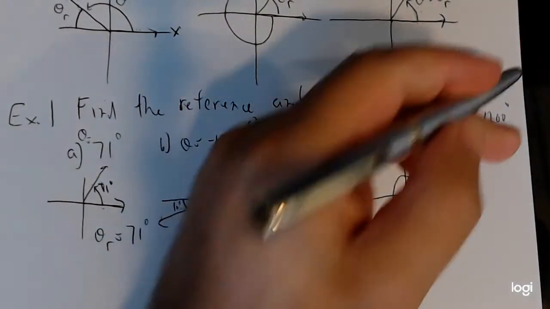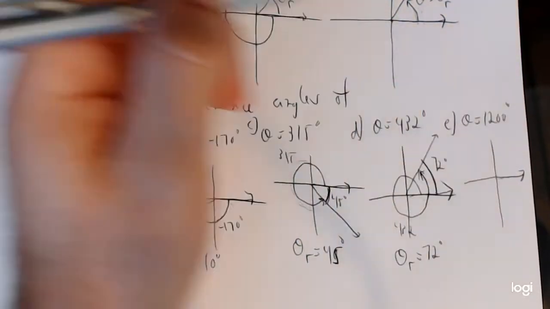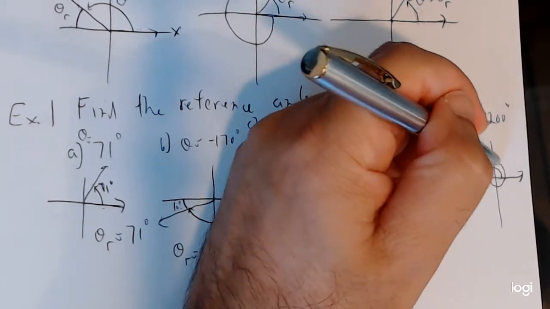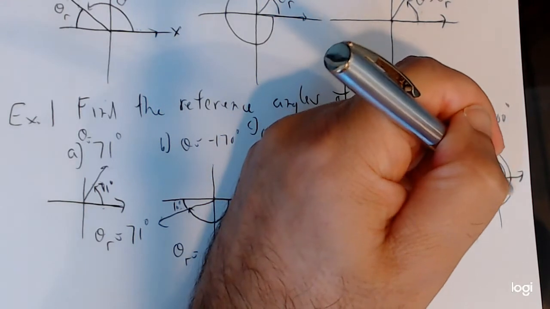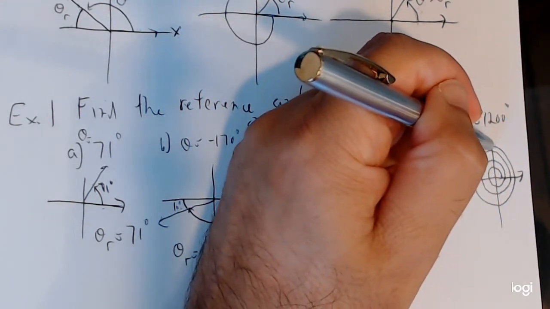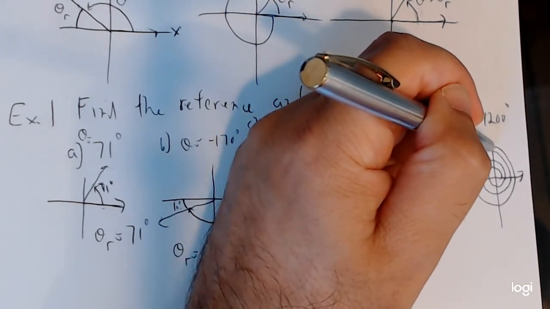Now the last one is 1200 degrees. We're going to be moving in circles quite a bit. So that's 360, 720, 1080. If I go 90 more, that puts me at 1170.